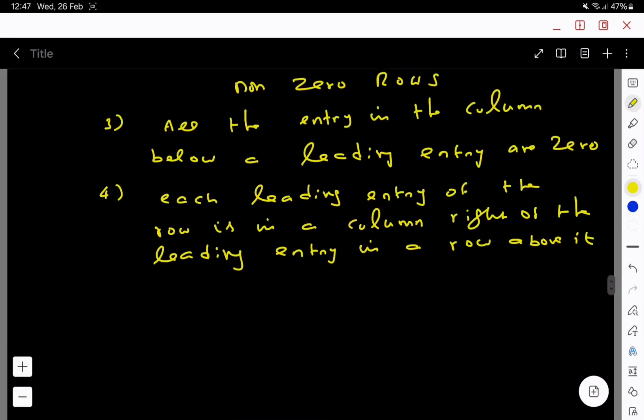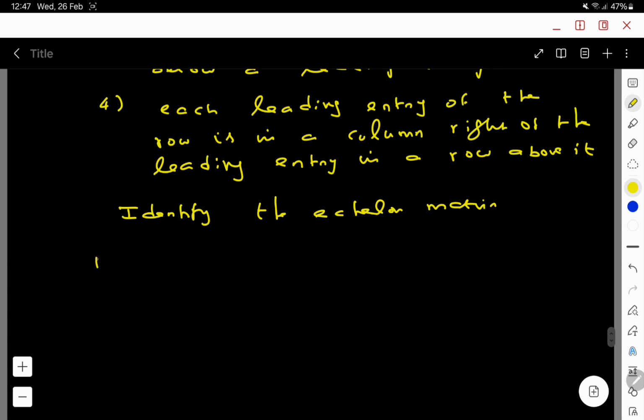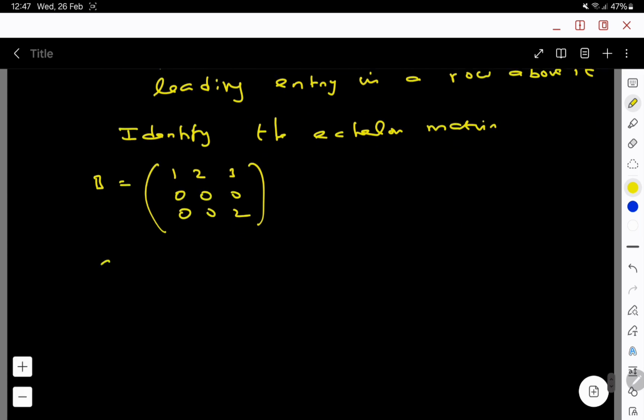Now we see some examples of echelon matrices. Identify the echelon matrix. Matrix B is 1 2 3, 0 0 0, 0 0 2.